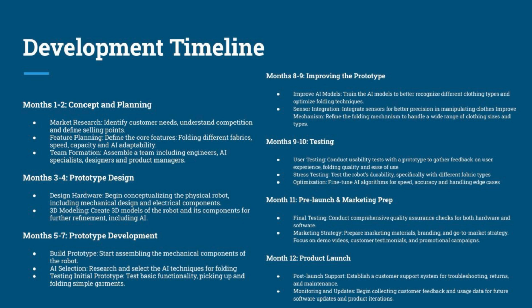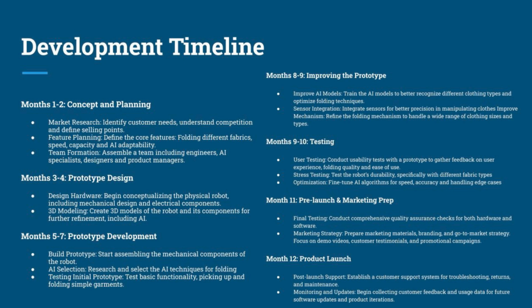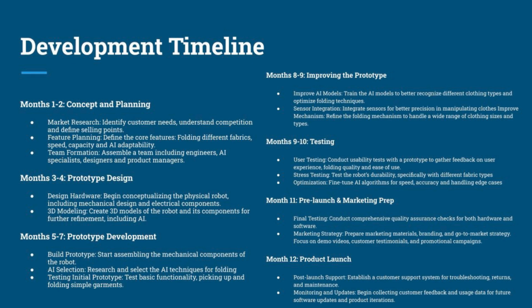In months 8 through 9, we improved the prototype. That included improving the AI models and improving the integrated sensors, along with improving the mechanisms. In months 9 through 10 is where testing took place, and we were testing every single day.